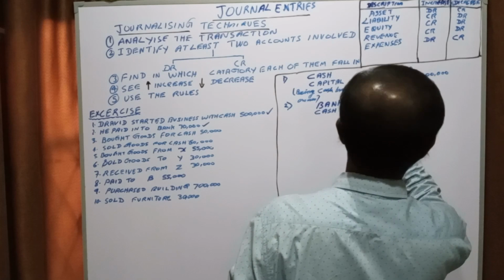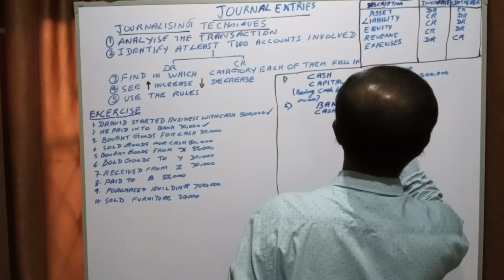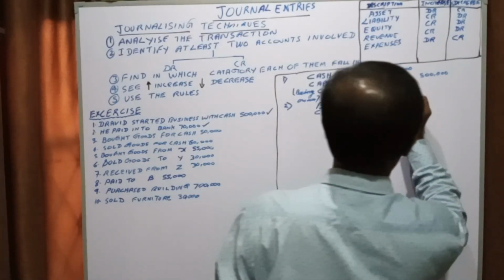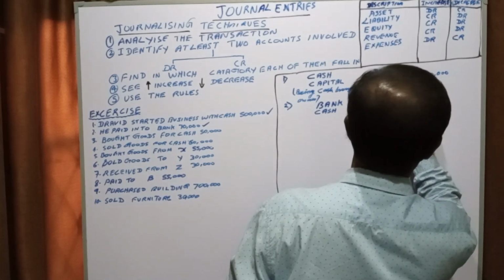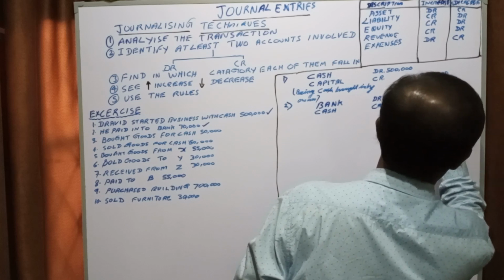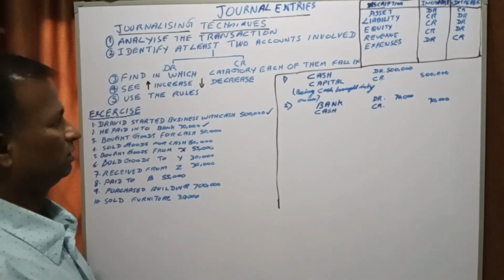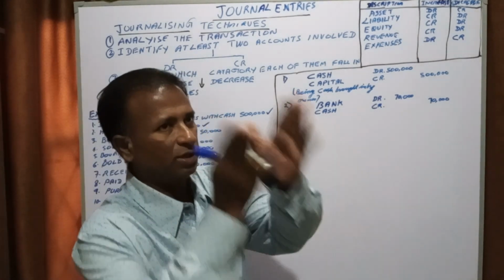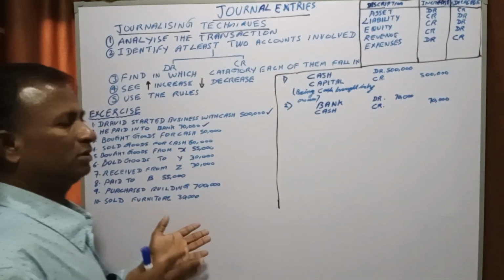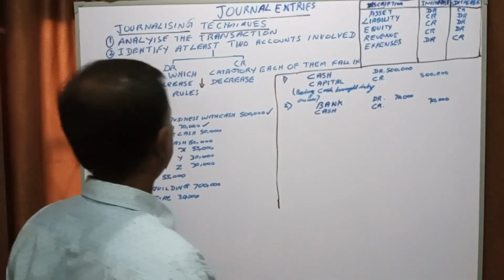Bank account debit, cash account credit, 70,000. Because from the cash point, cash is going out; for the bank, cash is coming into the bank.